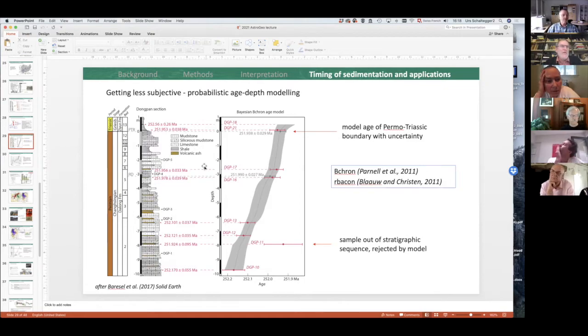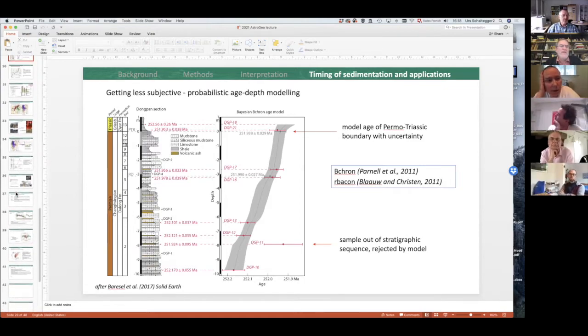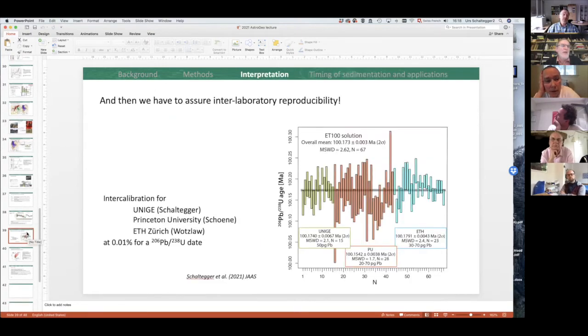My question is, what is the account of the decay constant uncertainty in this? Do you all use the same decay constant? And what is the real uncertainty of the decay constant, and what is its contribution? So that's a very important issue.